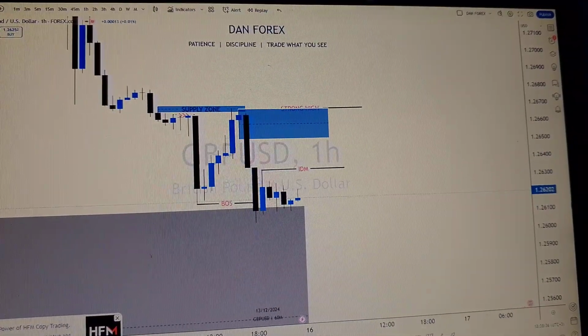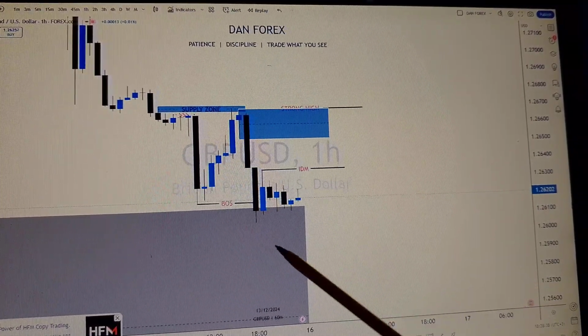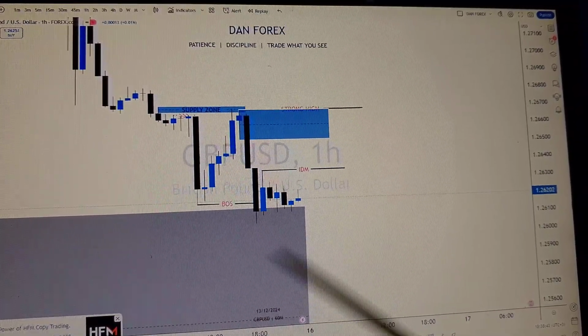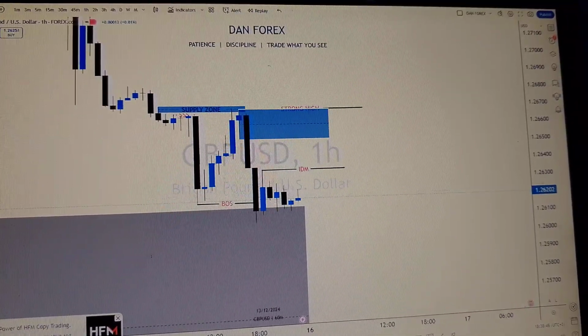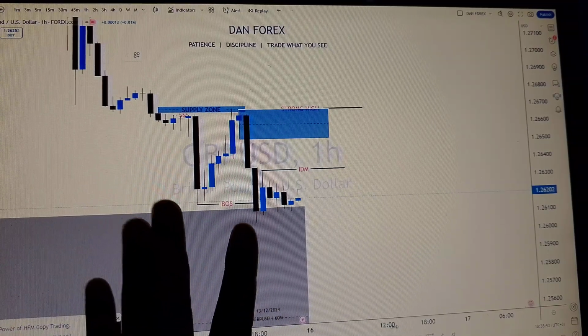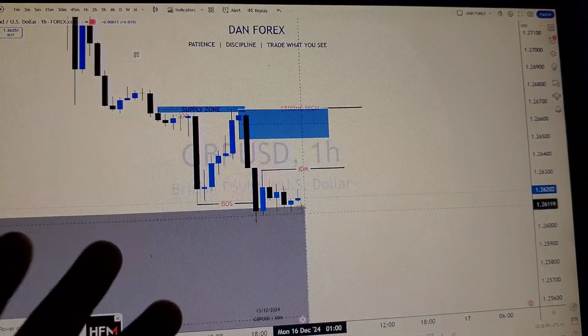But remember, we are just reacting from an area of demand zone. In order for us to conclude that we have shifted to bullish, because the market is reacting from this demand zone, what do we need to see?